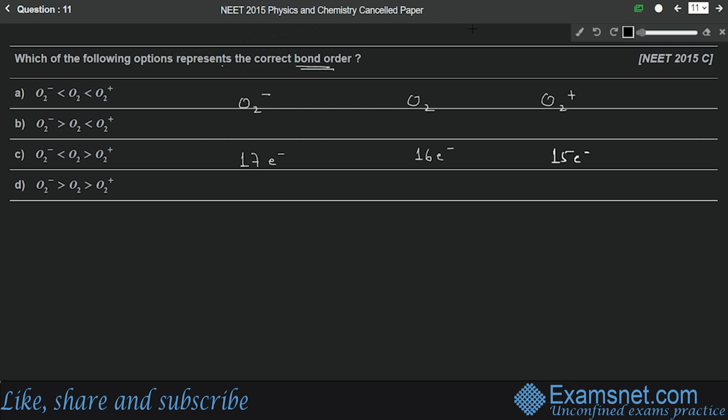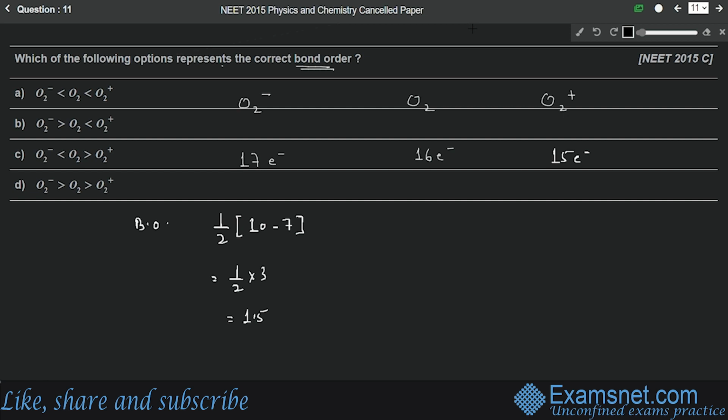So let's find the bond order. Bond order here will be half the number of electrons in bonding molecular orbitals, that is 10, minus the number of electrons in the anti-bonding molecular orbitals, which will be 7. Okay, so it will be half into 3, that means 1.5.